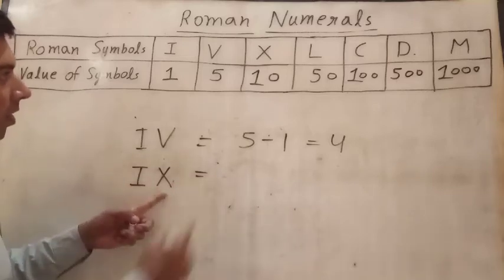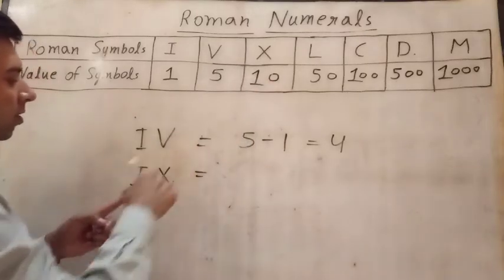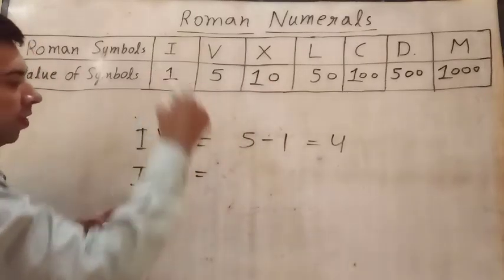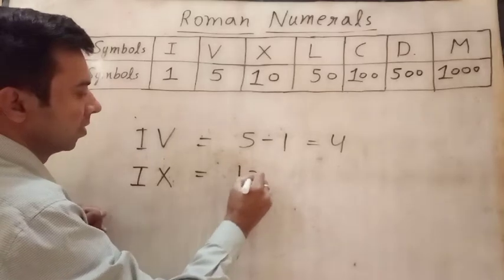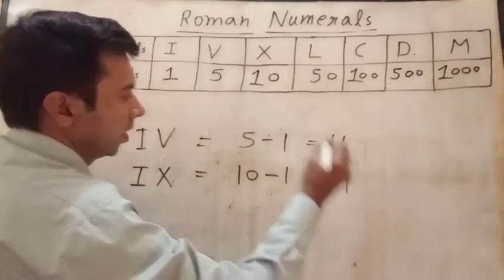Next, I X. The value of X is 10, the value of I is 1. So 10 minus 1, 9.